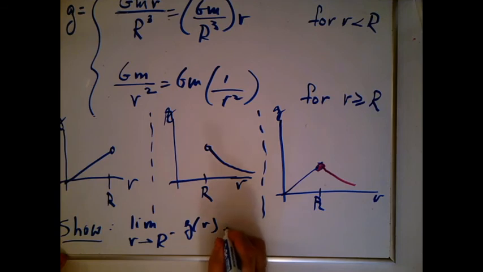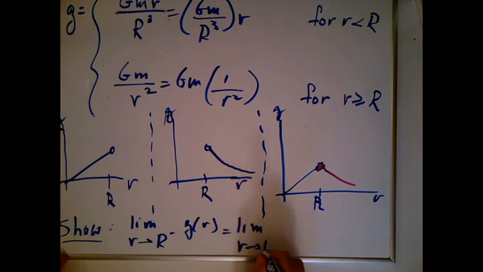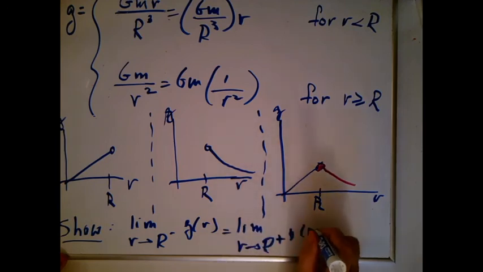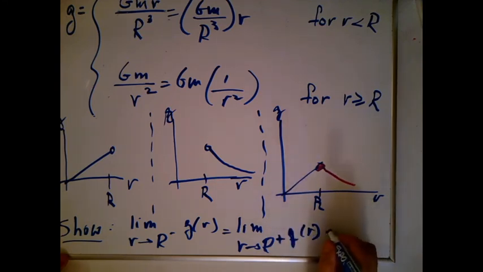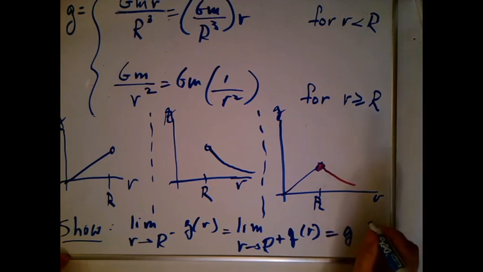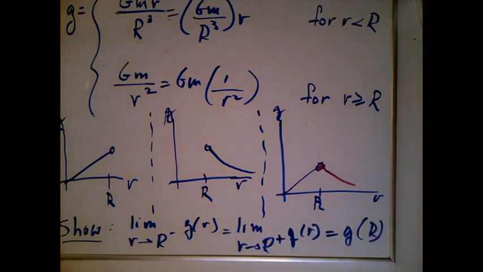is supposed to be equal to the right-hand limit, where little r is a little bit bigger than the surface of the Earth, of little g of R like that. And that's supposed to be what you get when you plug in the surface of the Earth and calculate the gravity.